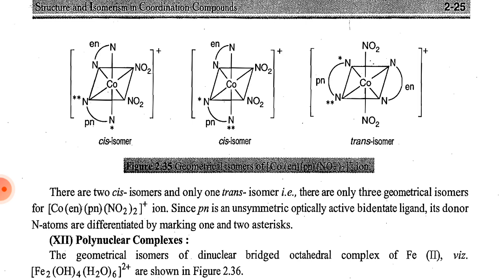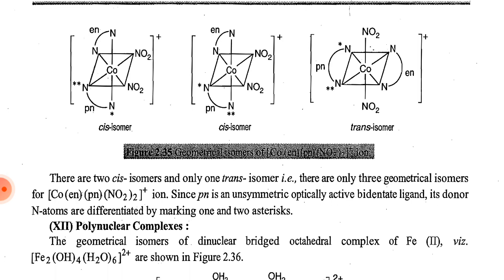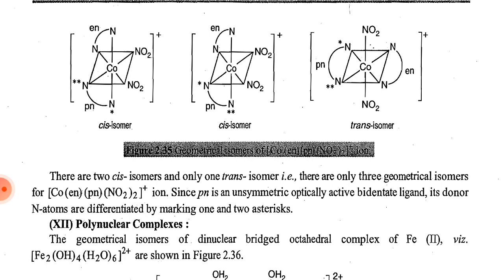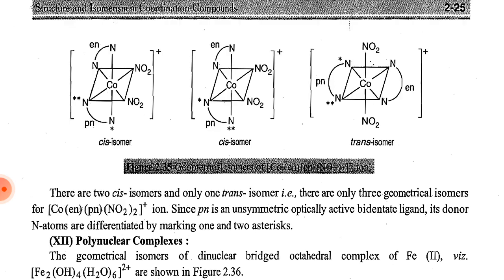Then here N, N are adjacent to each other, and NO2, NO2 are adjacent to each other. Here NO2, NO2 are opposite to each other, so it is the trans isomer.